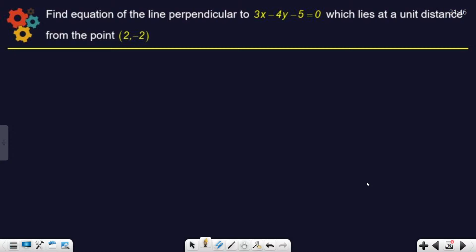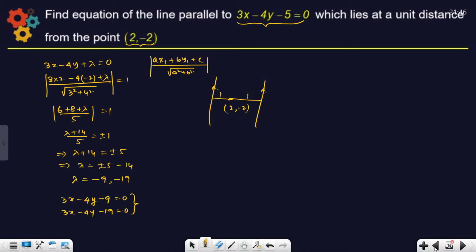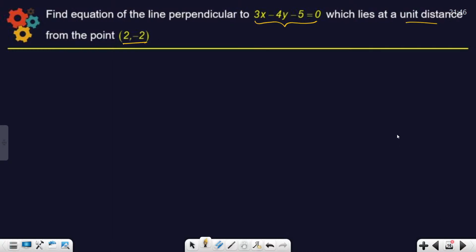The same question I have written here, but now I have said to find the equation of the line which is perpendicular to this line and is at unit distance from this point. Same question as the previous one. In that case, the required line was parallel to the given line, and here the required line will be perpendicular to the given line.